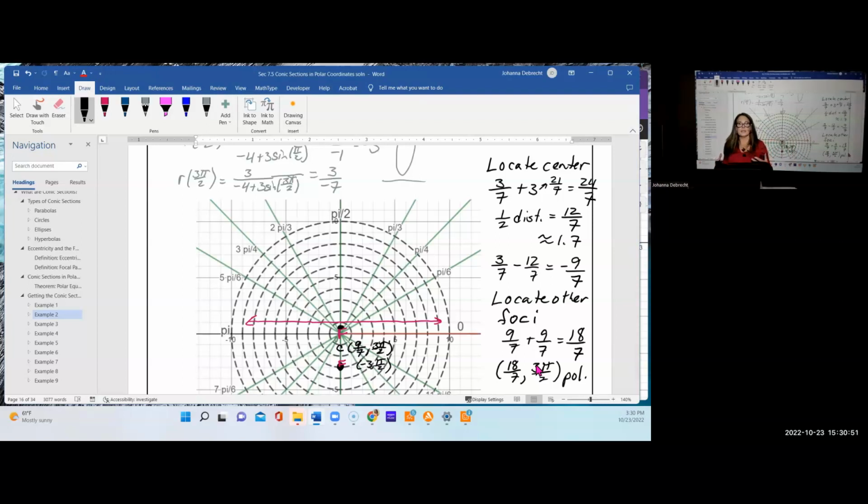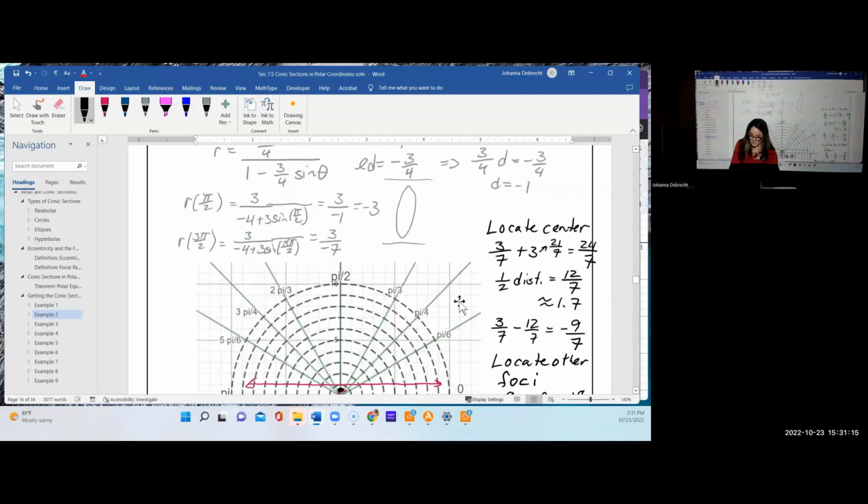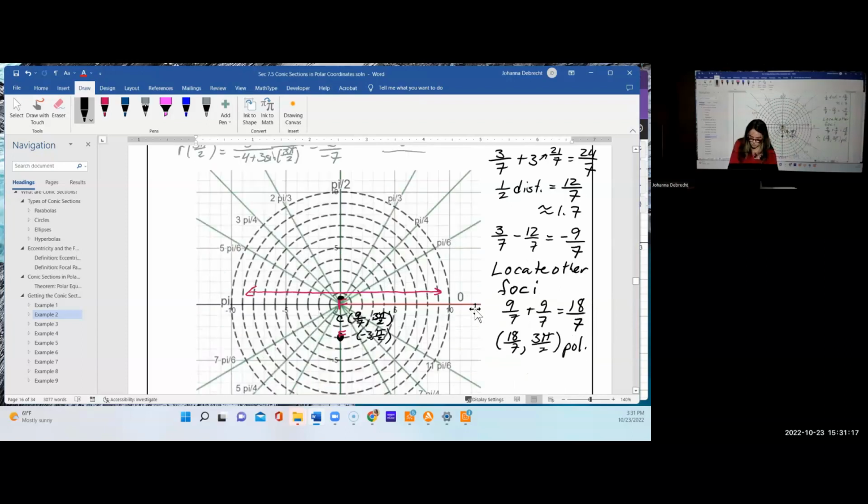Now, the next thing we need, of course, are the two sides, and we need the other directrix. So we need the minor vertices so that we can actually draw the ellipse, and we need to locate the other directrix. Now, we know the focal parameter distance was, I believe, 1. Let's go back up and look. Yes, the distance from the focus to the directrix is 1.